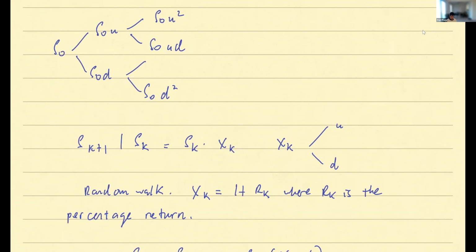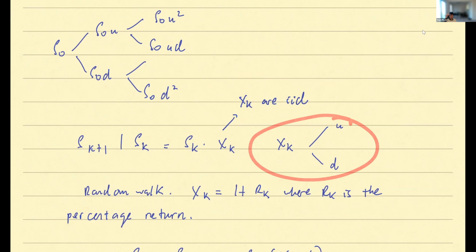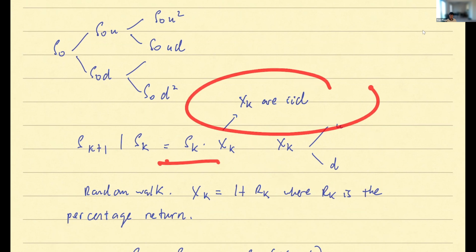Now you may notice and you may not, but these guys are IID. At least you see something like this in 621, that the random variables that control up and down are independent. Of course, they're identical because it's all U and D, but they're also independent. Yes, did Professor Larson emphasize this fact at all?